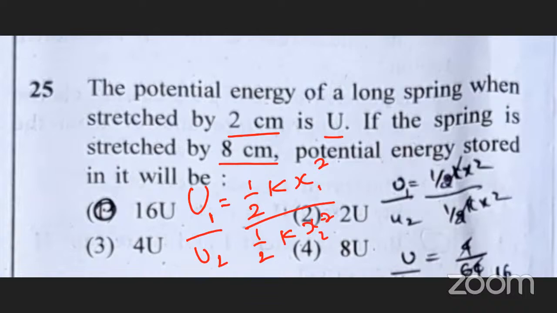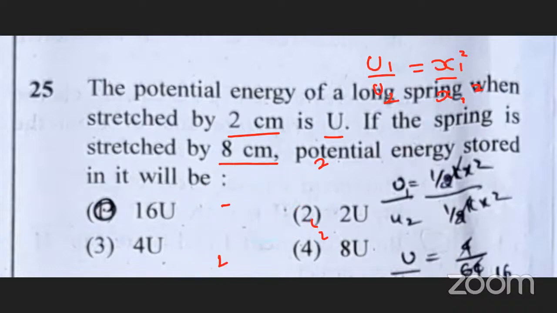So applying the values, half k gets cancelled. So u1 by u2 is equal to x1 square by x2 square. The value of x1 is given, so 2 square by 8 square.